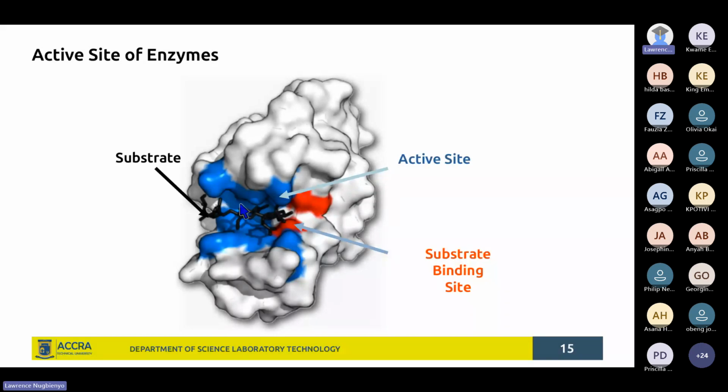Or if it is serine and we say the substrate is having some proton transfer interaction with the hydroxyl group of the serine, then that hydroxyl group of the serine becomes the specific binding site that we are talking about.